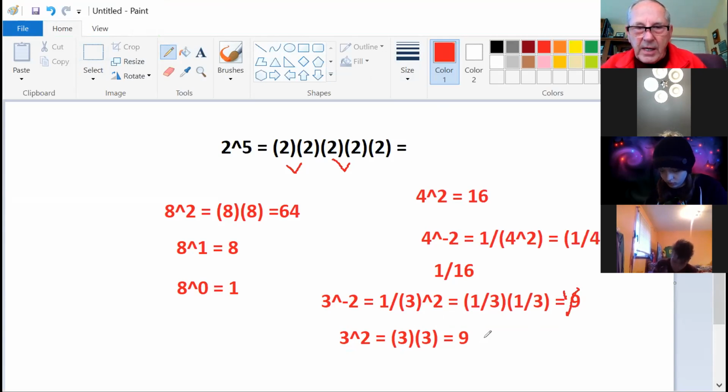So 3 squared is 9. 3 to the -2 power is 1/9. Okay. You convert this to a positive, you put it on the bottom, and that's what I've done here. I made it to the square of 2 on the bottom. So it's 1/3 times 1/3 is 1/9. Write that down a number of times so it makes sense to you, okay? There'll be problems like that.